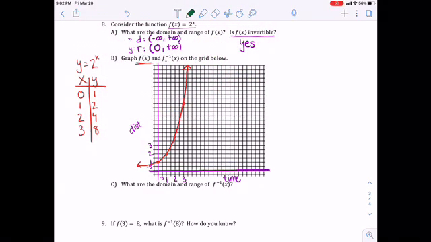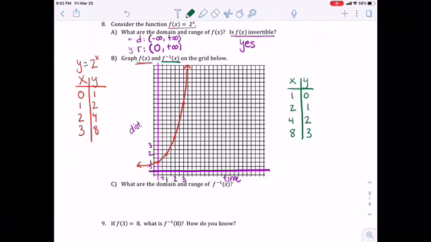Now I'm going to go ahead and graph the inverse. Now remember last week we learned that to find an inverse, all you have to do is switch the x and y. So over here, I'm going to take that same table, but just switch the x and y. So I get the points (1, 0), (2, 1), (4, 2), and (8, 3).